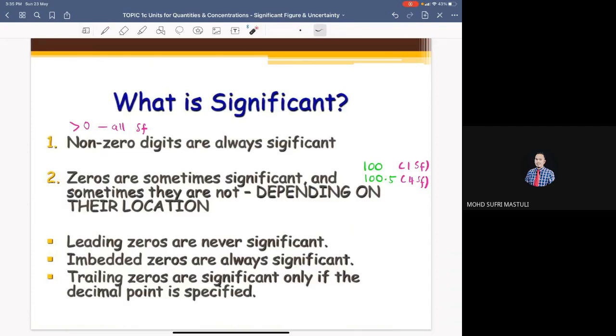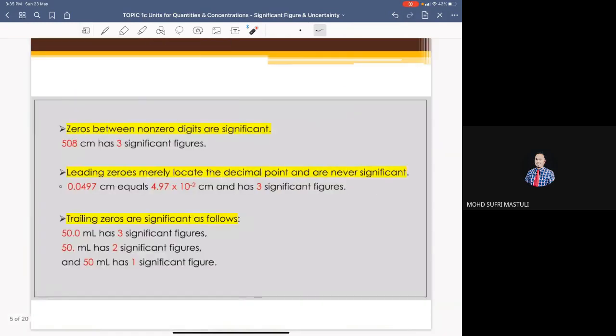Leading zeros are never significant. Embedded zeros are always significant. Trailing zeros are significant only if the decimal point is specified. We will see examples of leading zeros, embedded zeros, and trailing zeros.